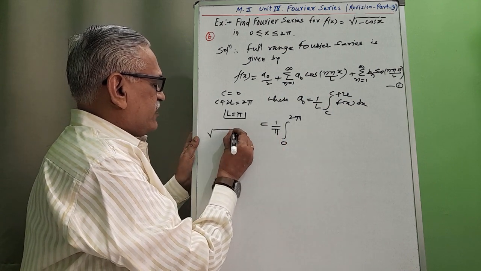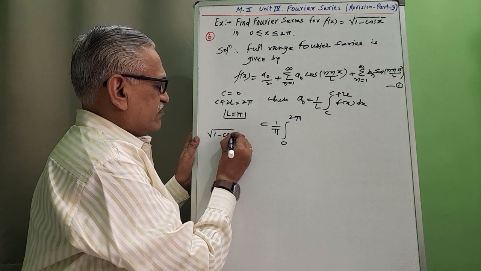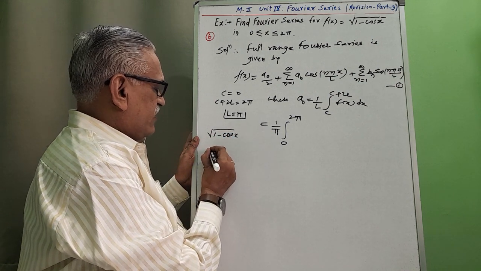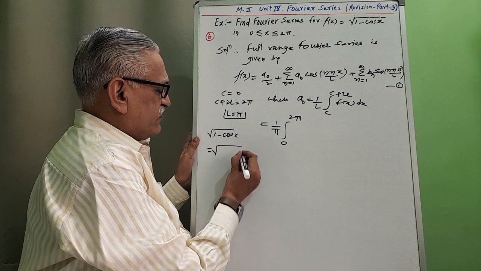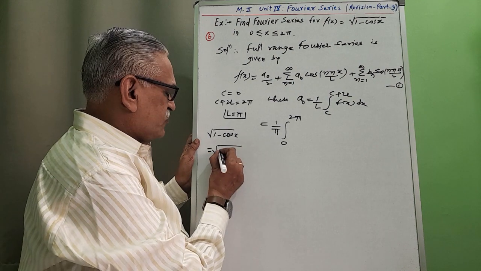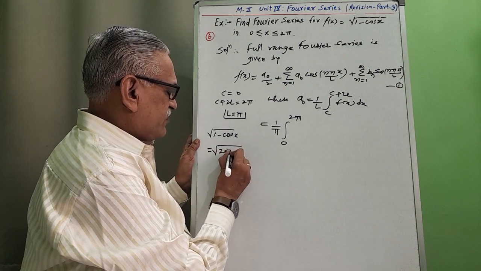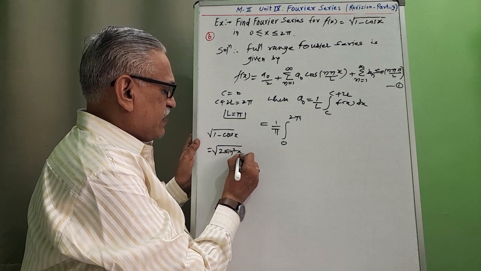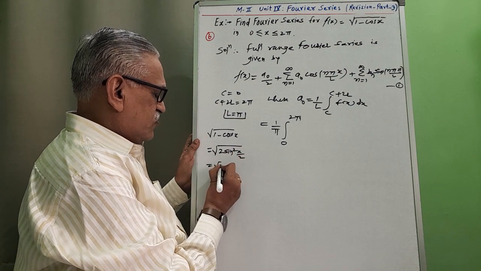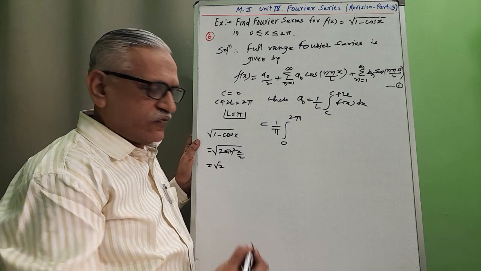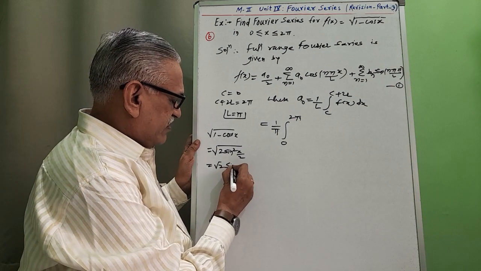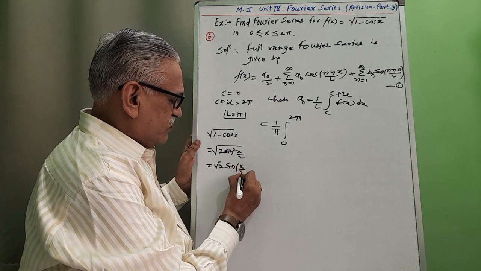That root of 1 minus cos x we can write as: square root of 1 minus cos theta is nothing but 2 sin square theta by 2. Therefore it is root of 2 sin square x by 2, and square root of sin square is sin x by 2.